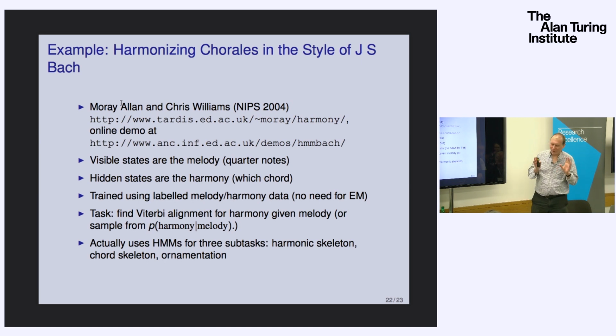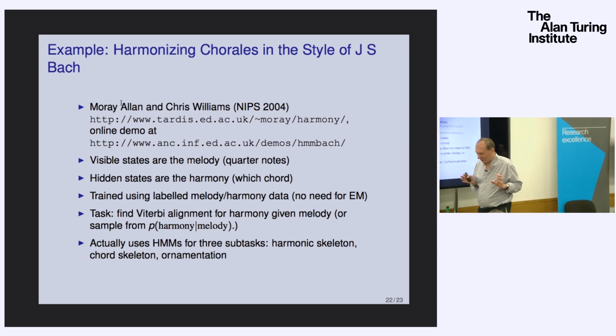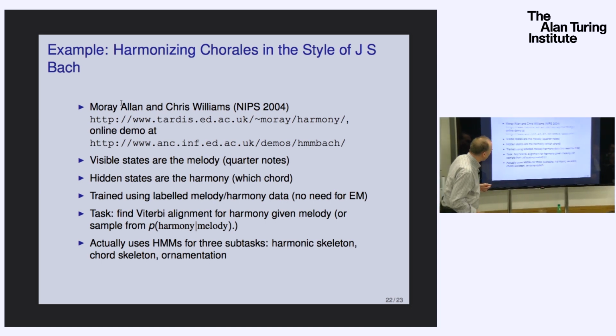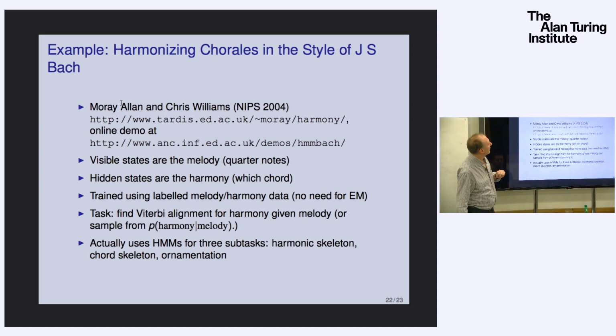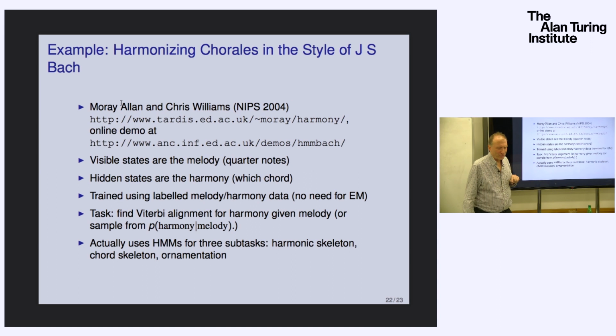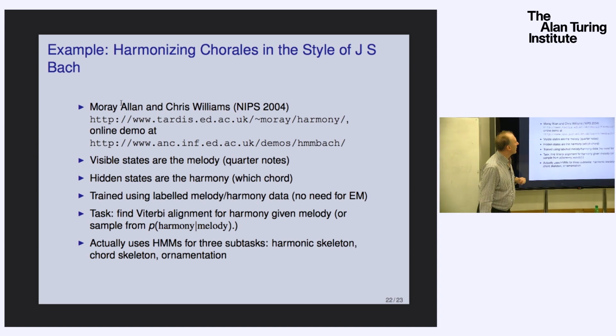There are a lot of harmonic rules, certainly in classical music, about how we should do this, but one thing we could do is think of the visible states as being the melody, which we represent at the level of quarter notes if you speak American, or crotchets if you speak British English. And the hidden states here are the harmony, so which chord, and potentially it's a little bit more complex than that, it might also be which inversion of the chord.